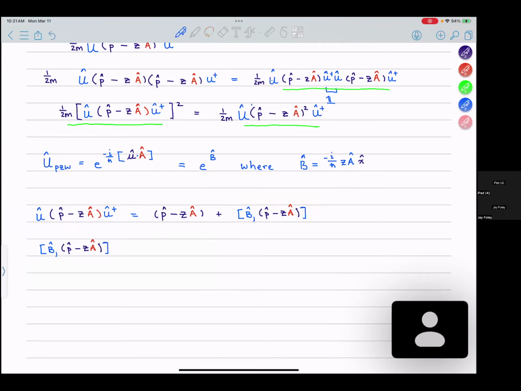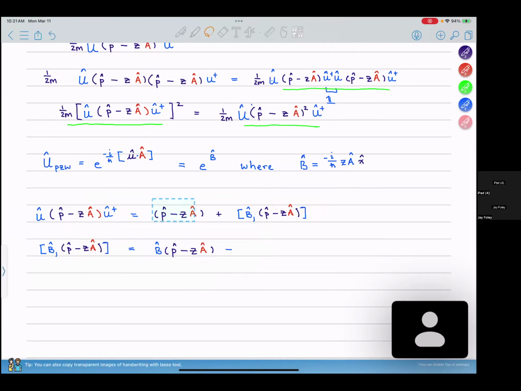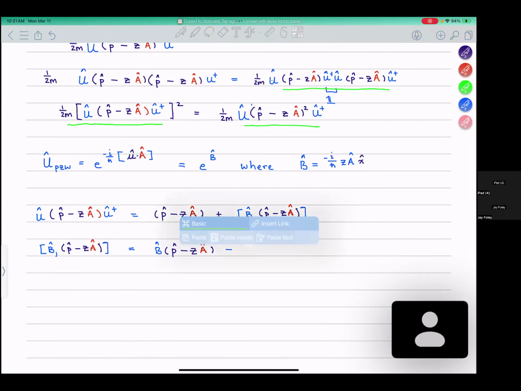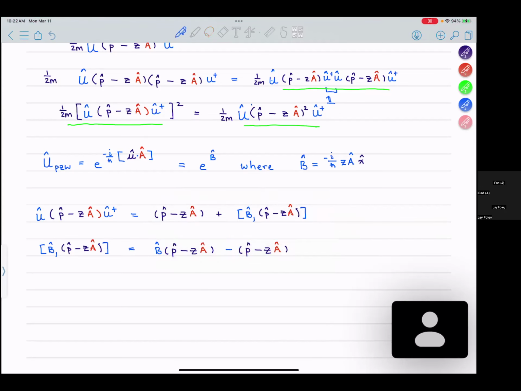So this is equal to B hat upon p minus z a, minus p minus z a upon B hat. Okay, and now let's go ahead and expand B hat in terms of these operators.